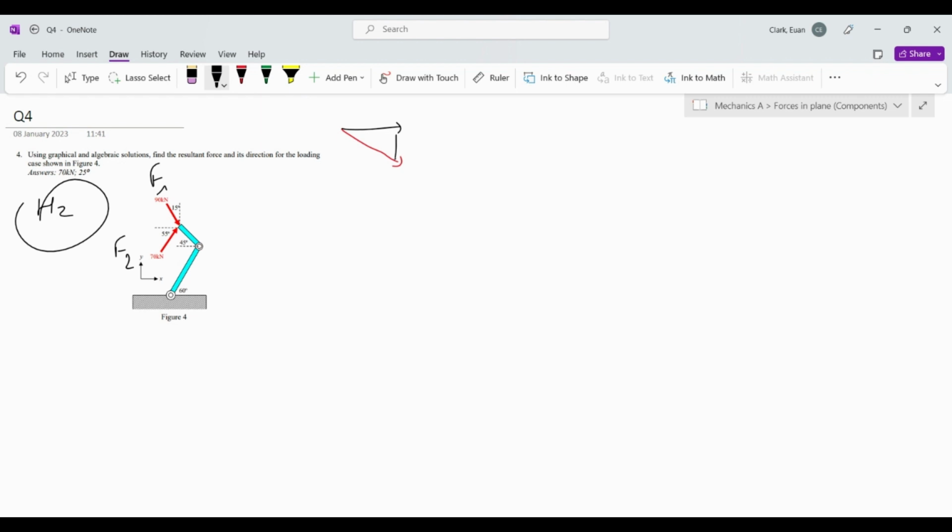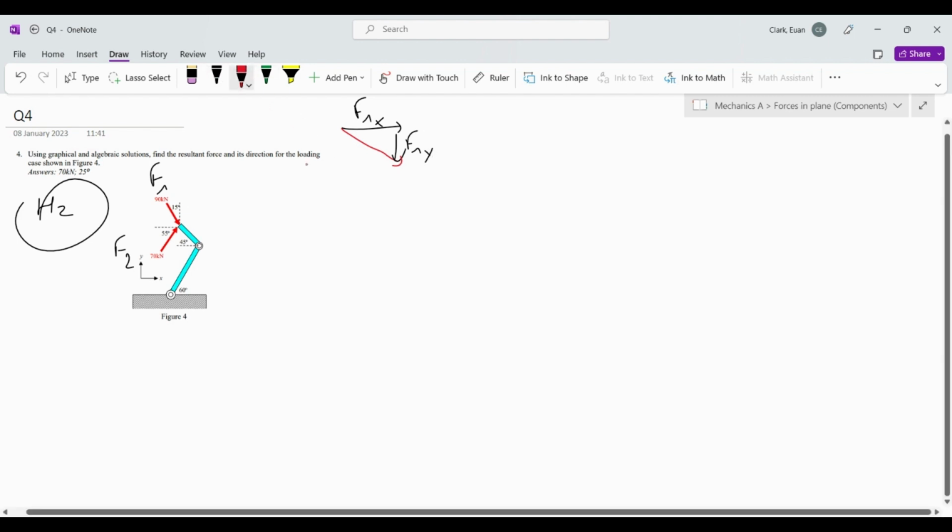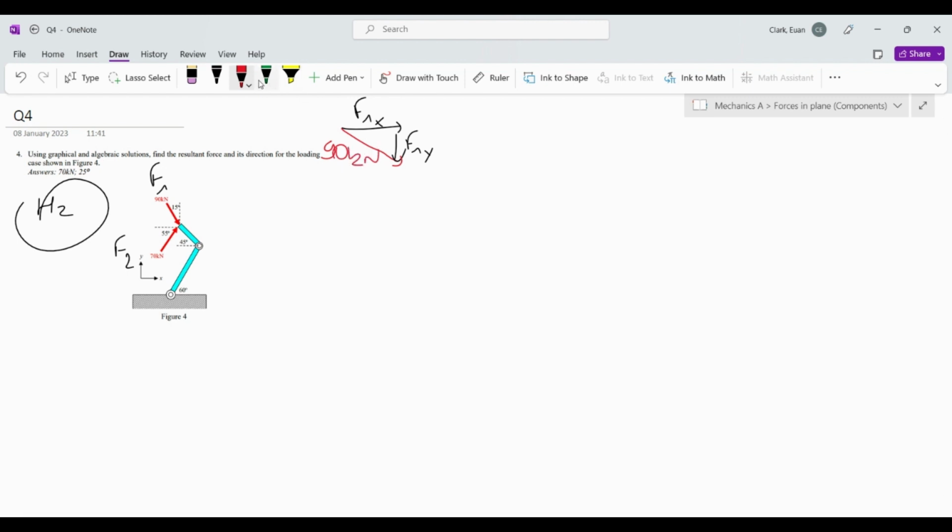Fx and Fy, and so this is 90 kilonewton, and this is 15 degrees here.